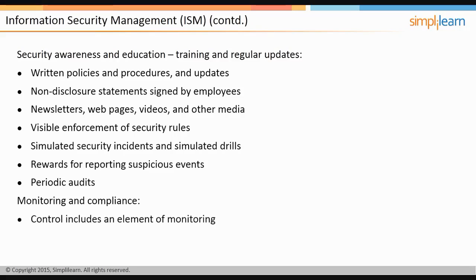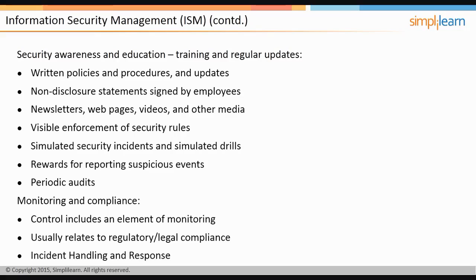Monitoring and compliance. Control includes an element of monitoring and usually relates to regulatory legal compliance. Incident handling and response. In the next few screens, we will learn about roles and responsibilities under the Information Security Management.